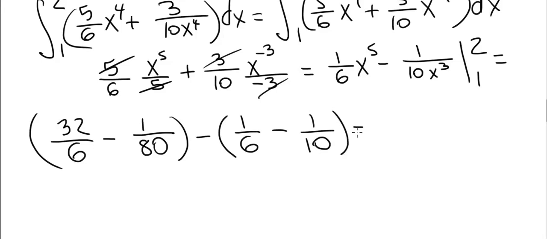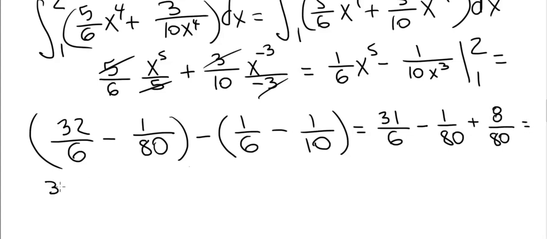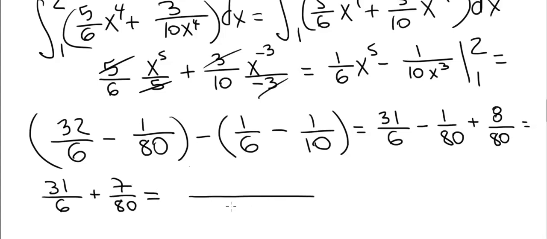So let's do a little algebra to solve this. 32 over 6 minus 1 over 6 is 31 divided by 6, minus 1 divided by 80 plus 1/10, which is 8 divided by 80. So our answer is 31 over 6, and this is plus 7 over 80. Let's have a common denominator. Common denominator will be 240.